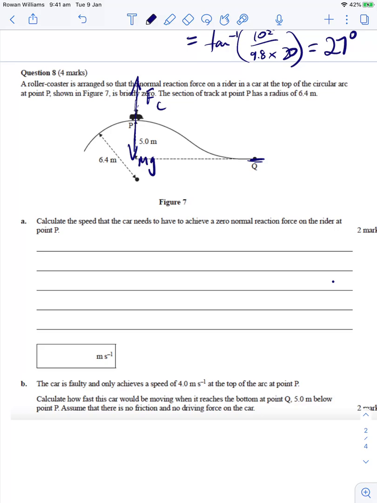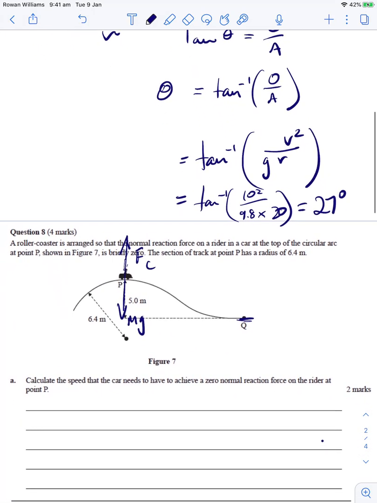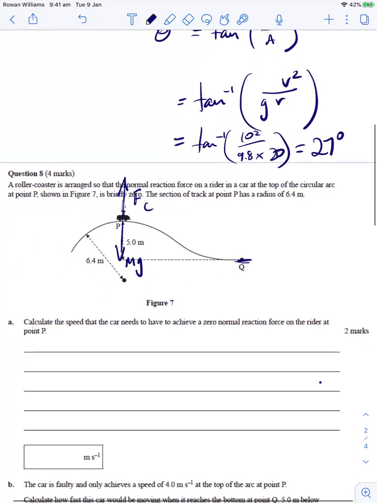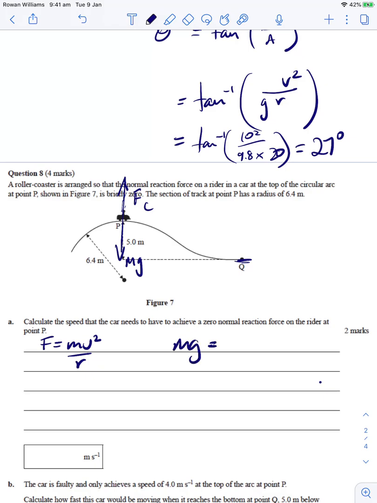Now, if we want our centripetal force, we can use our equation from up here, which is F equals mv squared over r. So that's what we're going to use for this one. And we also know mg. So what we're saying here is mg equals Fc. And we're going to cross that out and write mg equals mv squared on r.